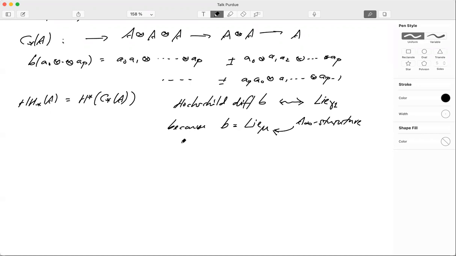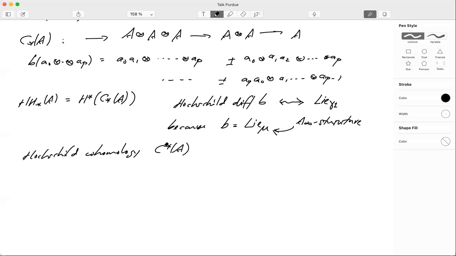but there are actions of... I'm getting ahead of myself here. So another thing you have is now Hochschild cohomology, which is in some sense a dual theory to this in some contexts.